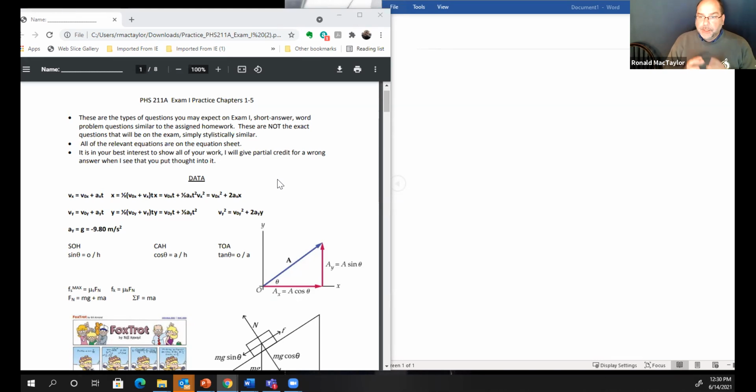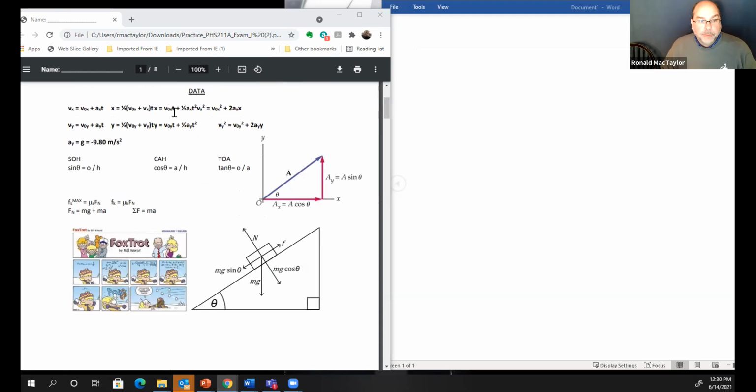First off, just as a strategy, I really want to encourage you to make frequent reference to the equation sheet. I had some problems making this particular equation sheet where things got mashed together. Your equation sheet for the exam will have these equations spread out a little bit more.